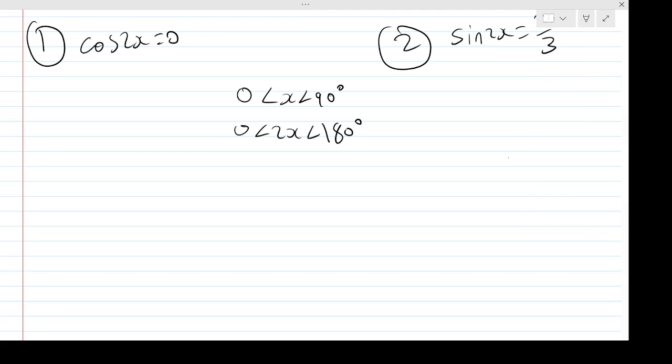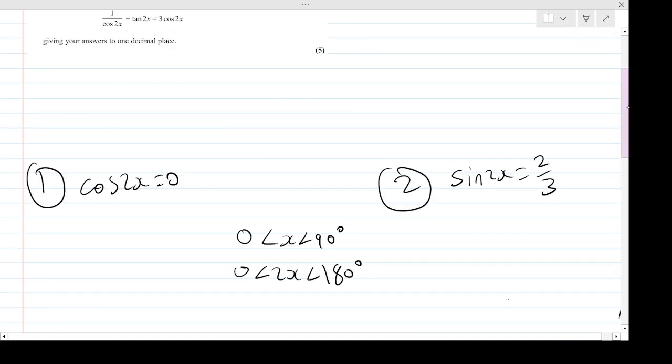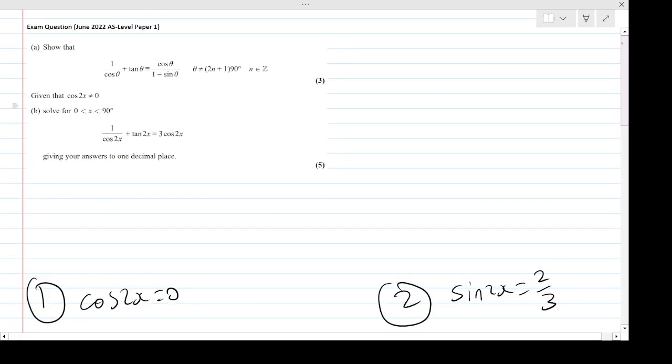Now we're going to look at firstly solving this equation, cos 2x is equal to 0. Now, if we pay attention to the question up here, it says given that cos 2x is not equal to 0. That's interesting, because if we want to solve cos 2x equal to 0, well, we're told it can't be 0.